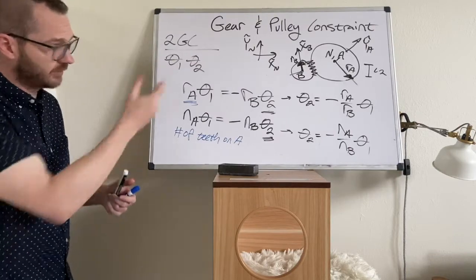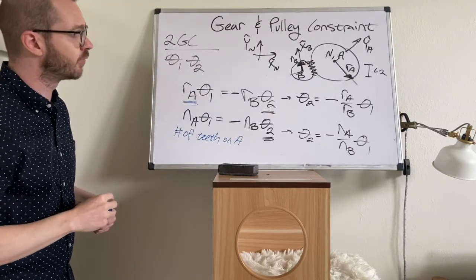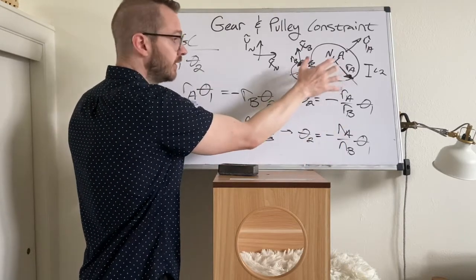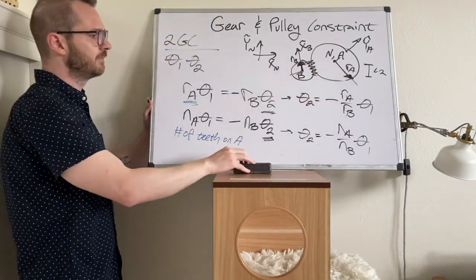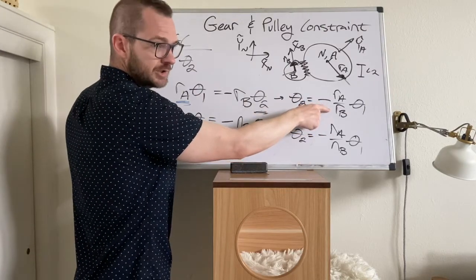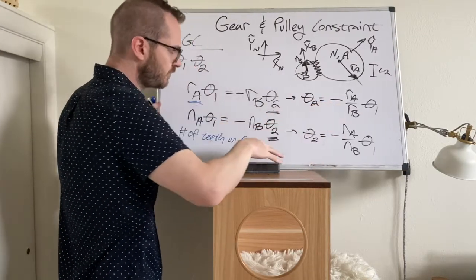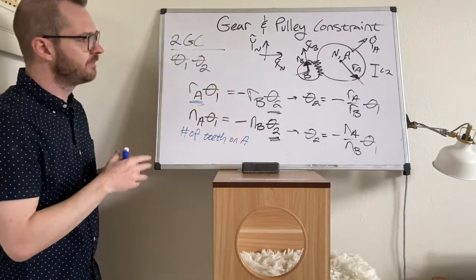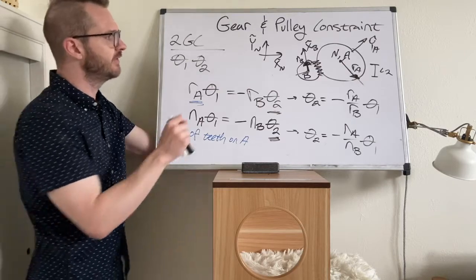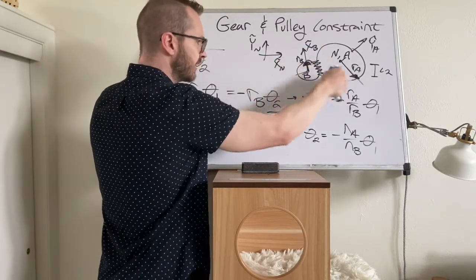So here's what I'm saying when I say the ratio. This is the gear ratio for this particular interface between these two gears. This ratio, the number of teeth, must also equal this ratio for the radii. The connection between these is actually the number of teeth per linear distance on the outside of the gear.